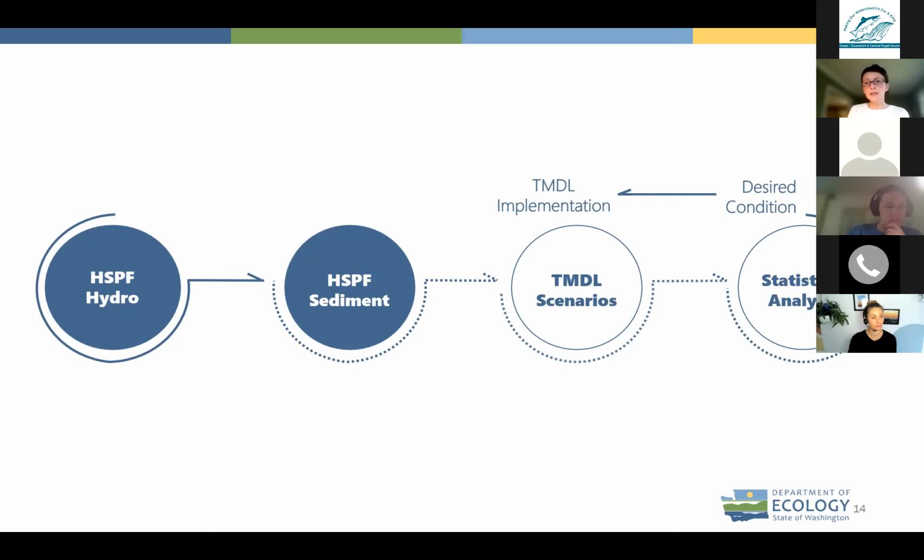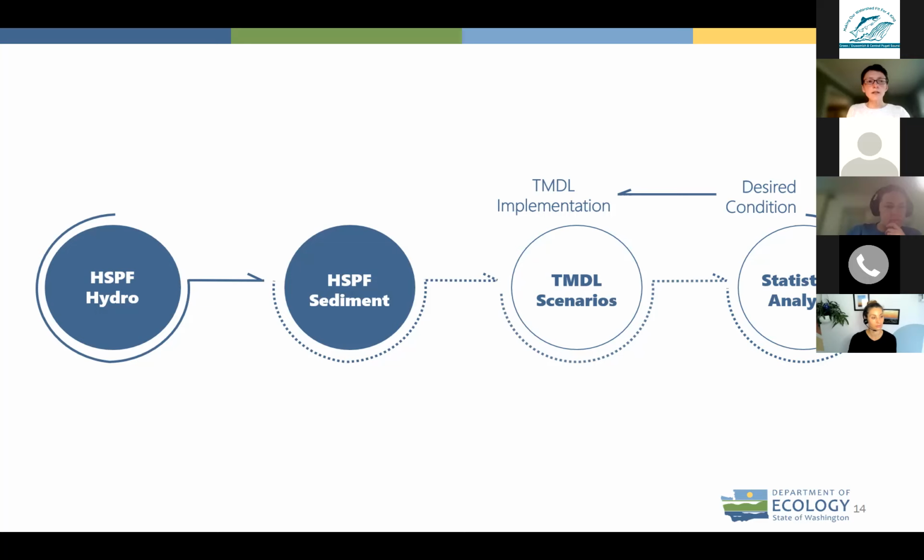Now, I expect that the implementation will have a phased approach and that all this modeling work that we're doing right now will help us assign different levels of priority to different subbasins, and that implementation work will be informed by these priority levels.